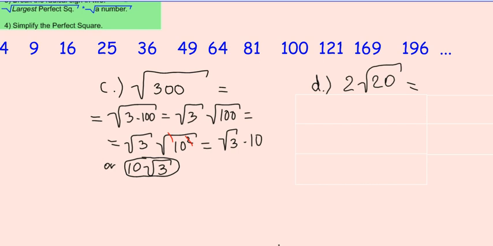Notice that radical of 20 is multiplied by 2. That simply means that 2 would be carried over until you finish simplifying radical of 20. So you see I carried the 2, and then I broke 20, just like in the previous example, into the highest perfect square number that is divisible by 4 and 5.